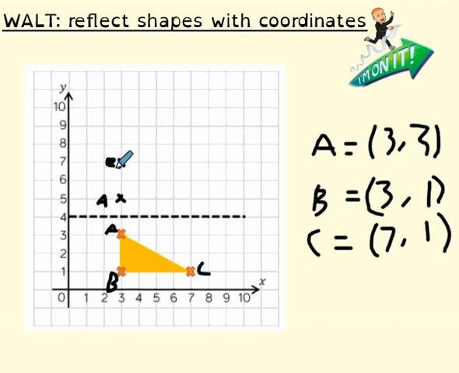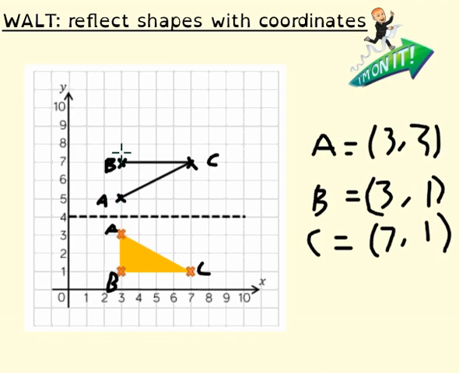And then C, from my mirror line, 1, 2, 3 down, so I'll go 1, 2, 3 up. And then with my straight edge on my ruler, I would draw my lines in to complete my shape.